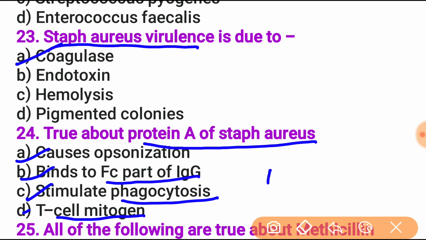So not opsonization, phagocytosis, and also not T cell mitosis. So here it is an antibody reaction, that means immunoglobulin, not T cell. So the right answer is B.